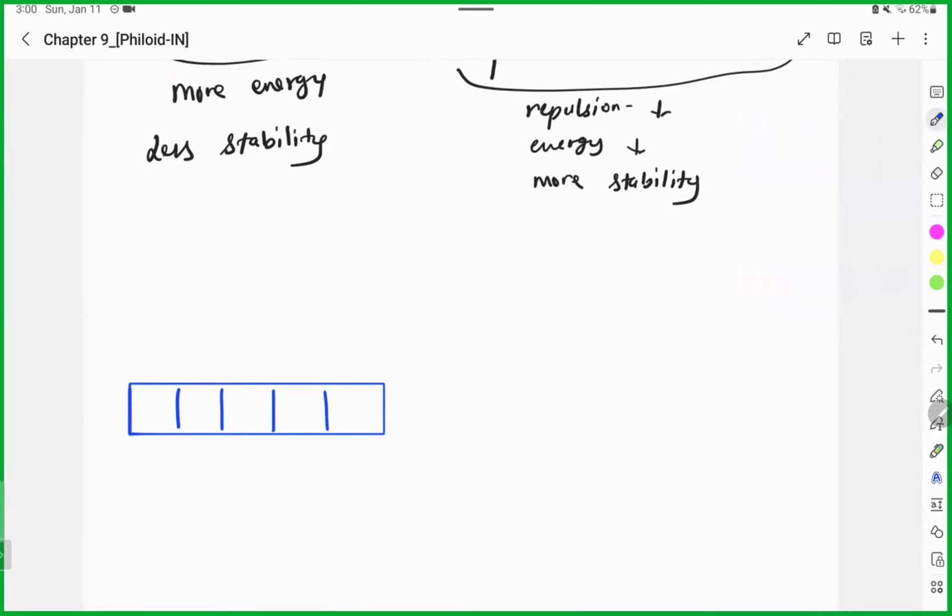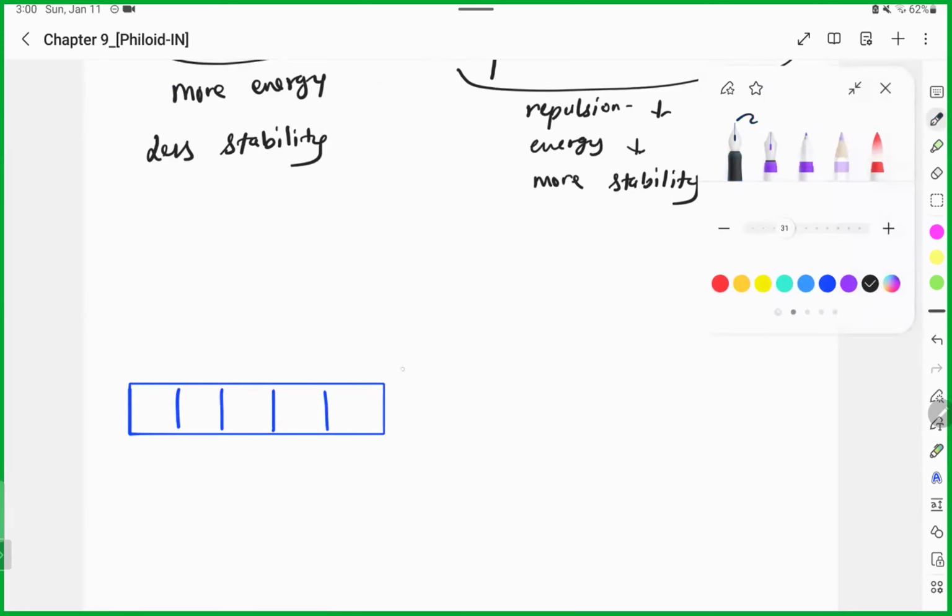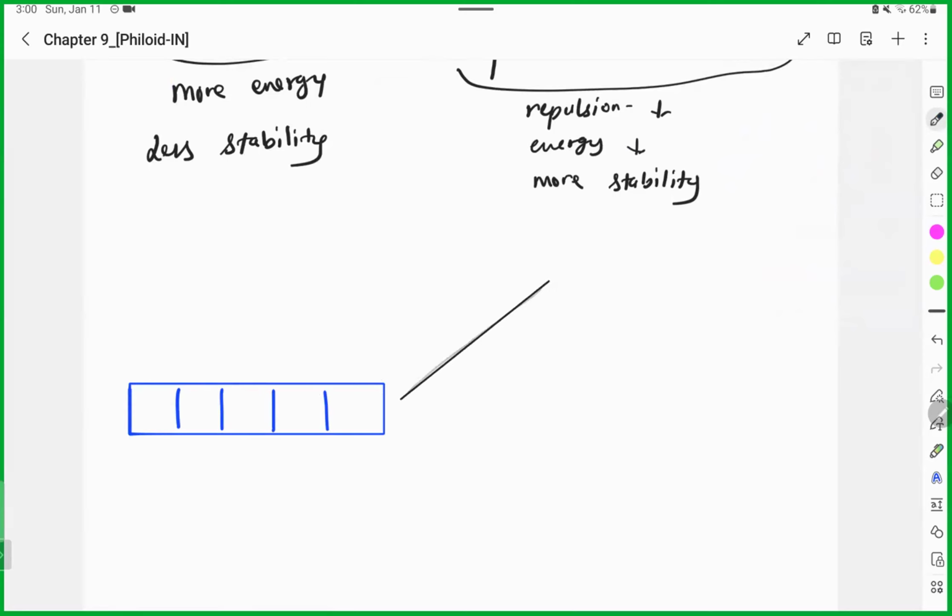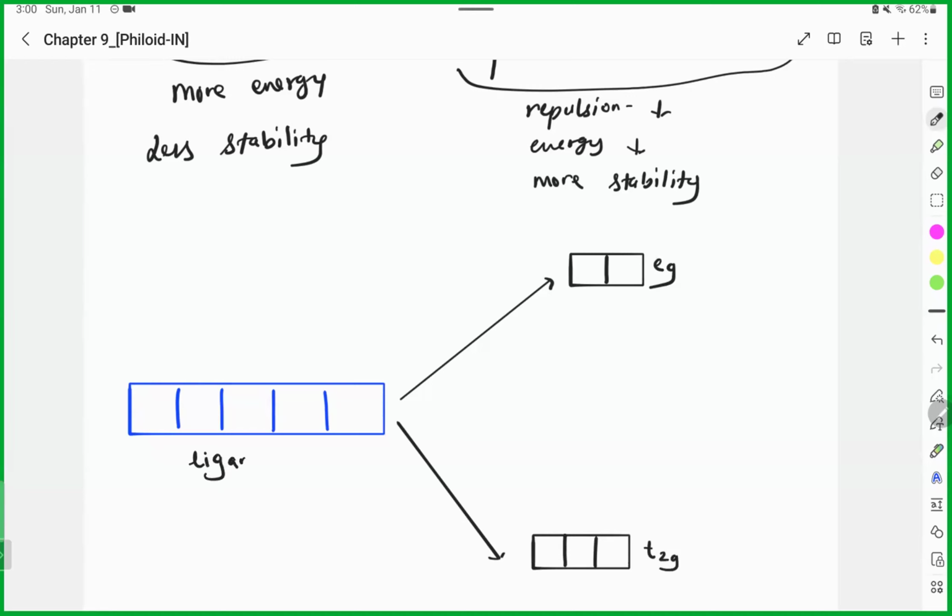When the ligand approaches, it will convert into 3 orbitals T2G and 2 orbitals EG. There is a breakdown of these d orbitals due to the presence of the ligand. Remember, the ligand plays the biggest role in how this d orbital will break.